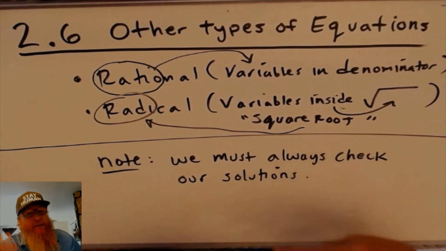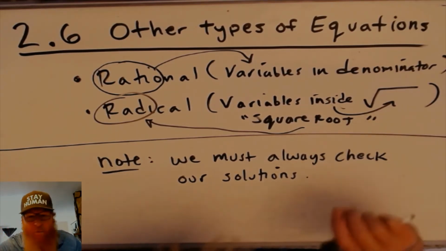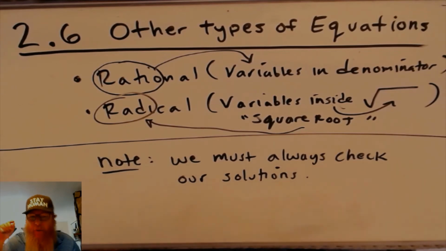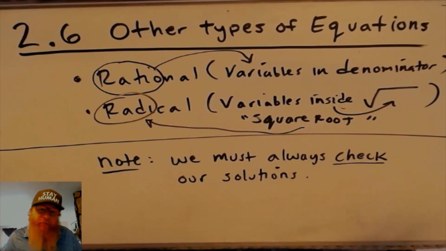One is if you follow all the steps properly and you don't make a mathematical mistake, then your answer will be correct, prior to 2.6. So in all of the lessons that we've done from 2.1 to 2.5, as long as you did everything right, there really was no need to check. So checking was really a matter of preference. If you prefer to check, you can, but you're not required to check your answers.